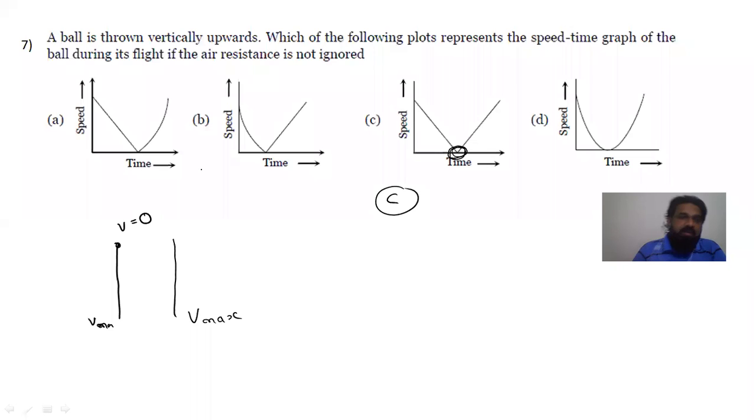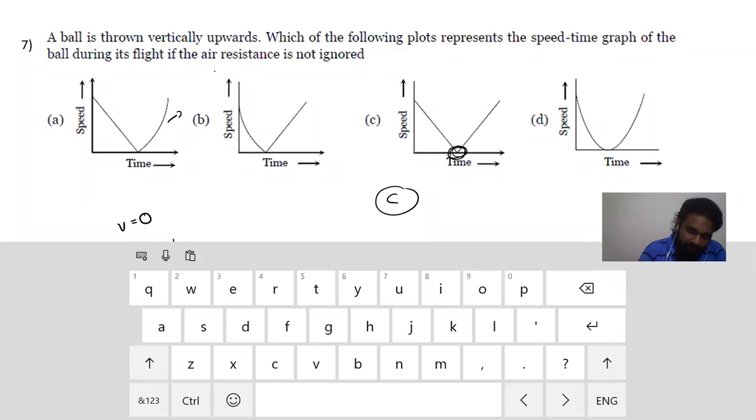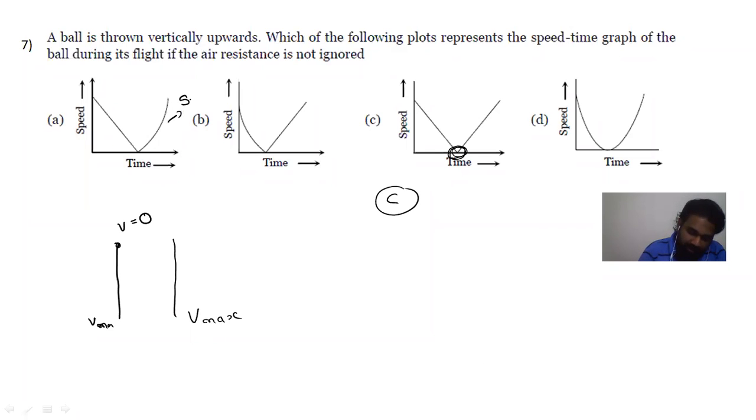The other options: if I take option A, here the slope is not constant. Look at this part, the slope is varying. That means acceleration is varying, but here acceleration is constant. G is the acceleration due to gravity, so that can be considered constant.